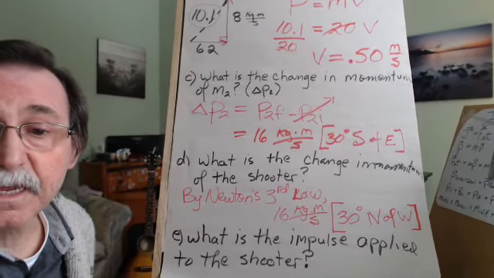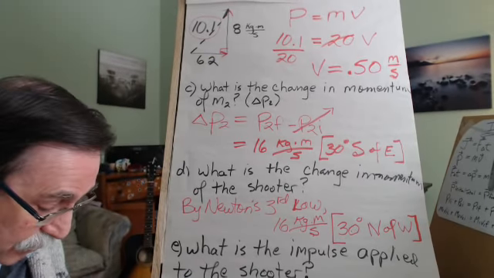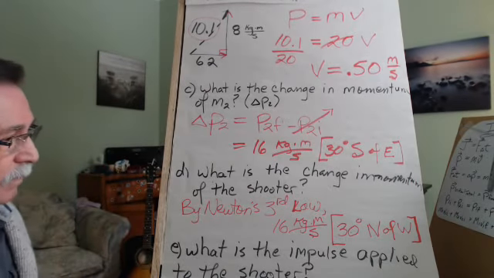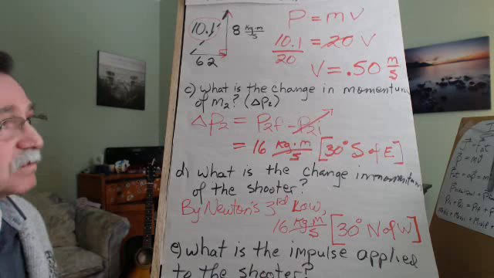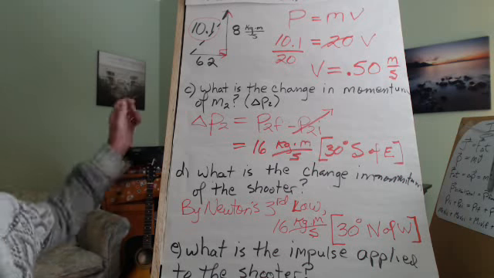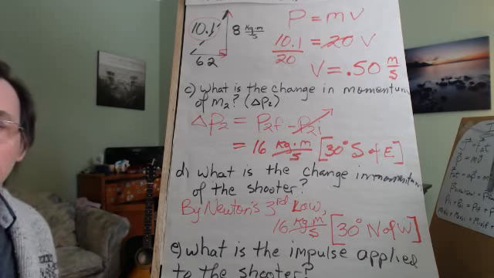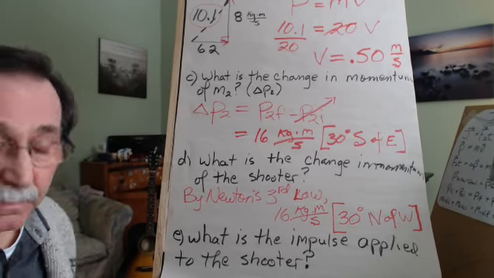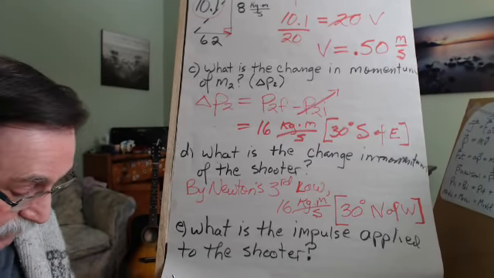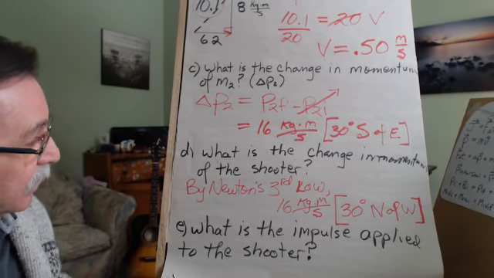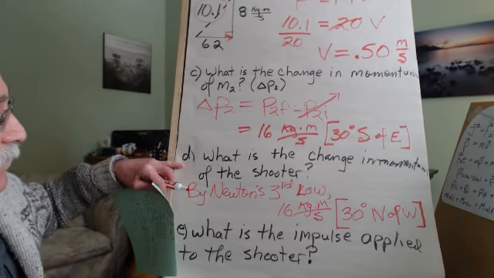Okay, so what is the impulse applied to the shooter? It sounds to me like that's a different question, just the way it's worded. But guess what? It's not. The impulse applied to the shooter is just what we solved up here.